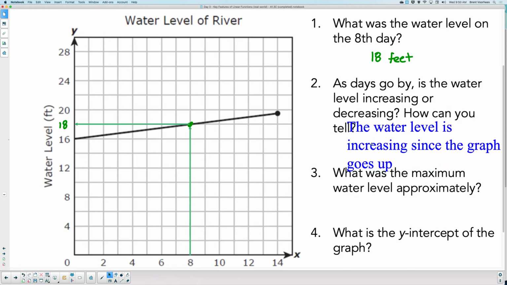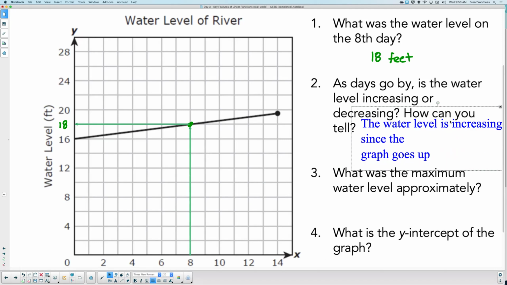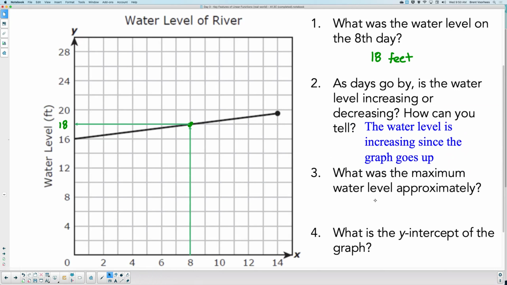Okay, I'm going to shrink this so you can see what I wrote. The water level is increasing since the graph goes up, from left to right.